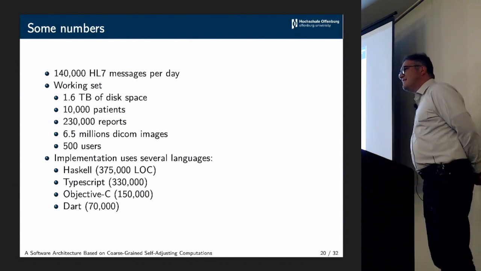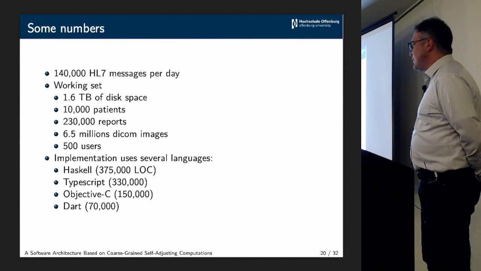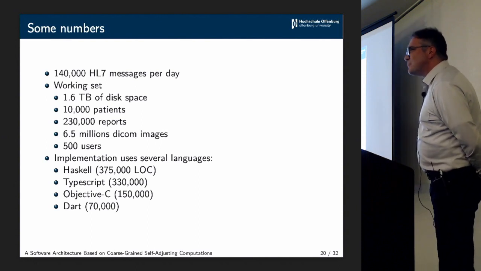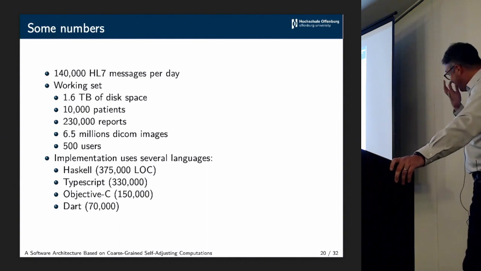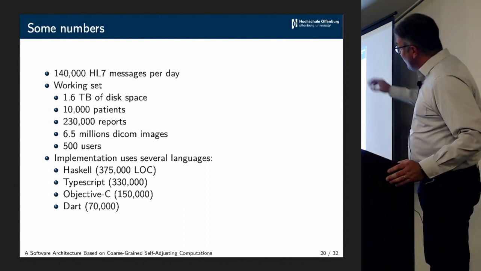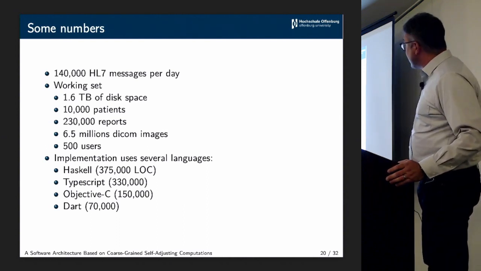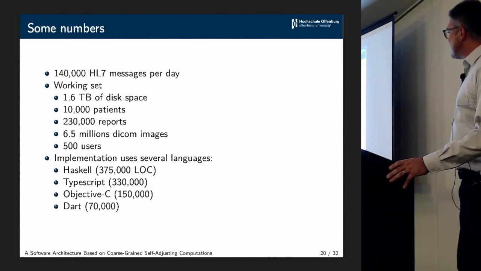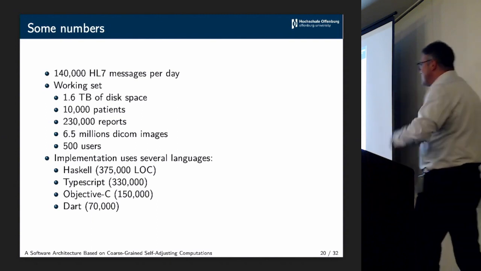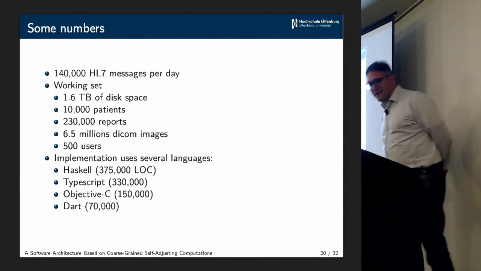That's probably the biggest Haskell program in the world. A lot bigger than GHC. That could be. That's a lot. I counted the lines myself. It includes comments, but there aren't too many comments.